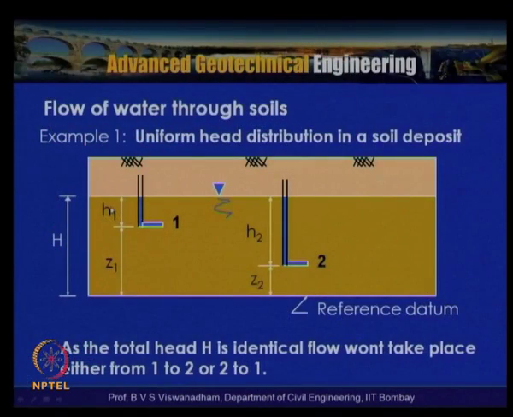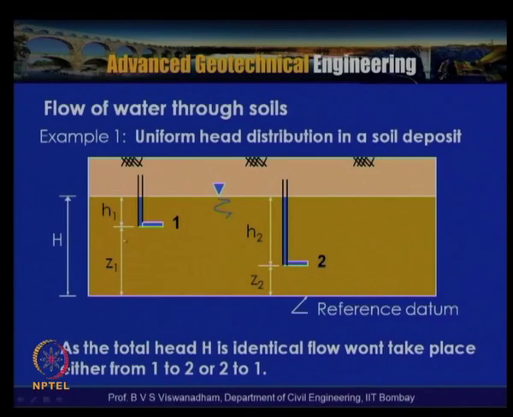In this slide example, a typical cross section is shown having two soil profiles with a groundwater table located at a certain depth below the ground surface, and two points, 1 and 2. Point 1 is Z1 meters above the reference datum and has a pressure head of H1, and a pressure head of H2 is measured at point 2, which is Z2 meters above the reference datum.